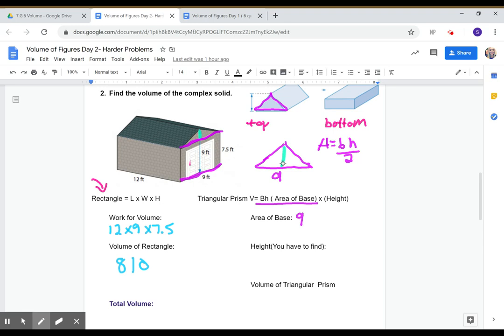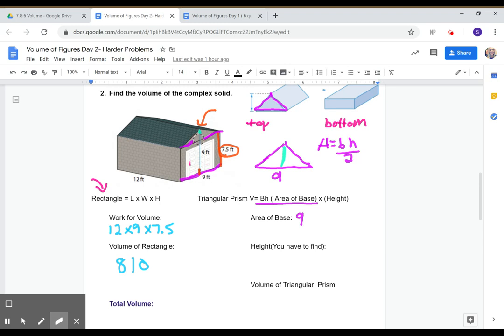Right? Now look at this. I'm going to put this in orange. From here to here is 7.5. So how much more would I have to add to get me that total?